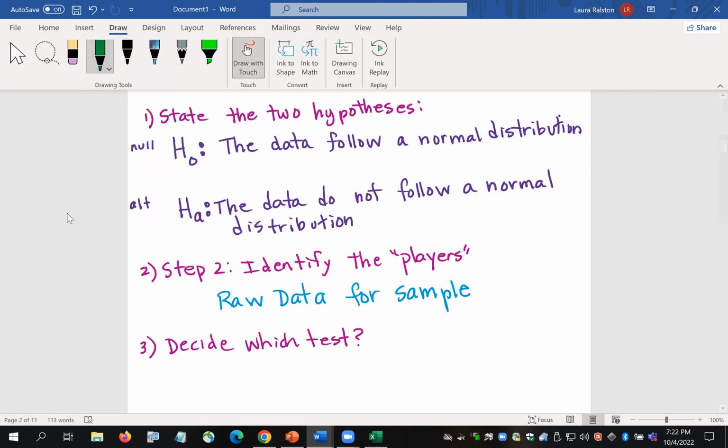I'm only going to learn about one test for normality, so I know that I need to conduct the Anderson-Darling test for normality. That's the only one I'm learning about in relationship to a normal distribution, so it's my only option.